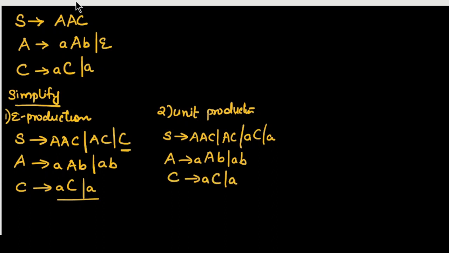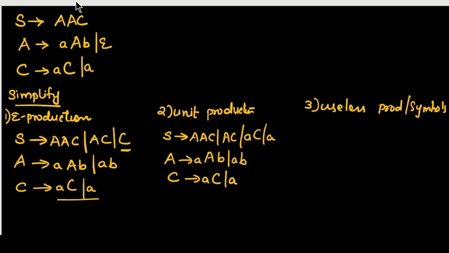Okay, then we have to remove useless productions or symbols. We check whether there is any useless production. S gives AC can end up in a string.